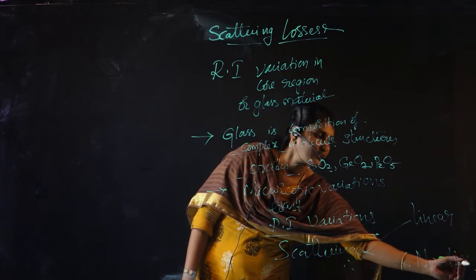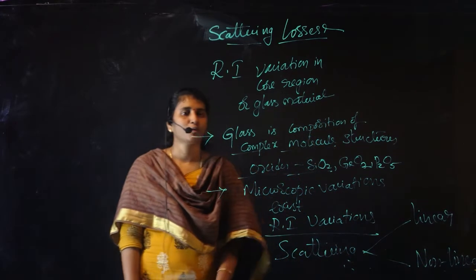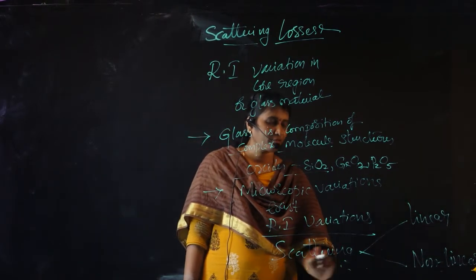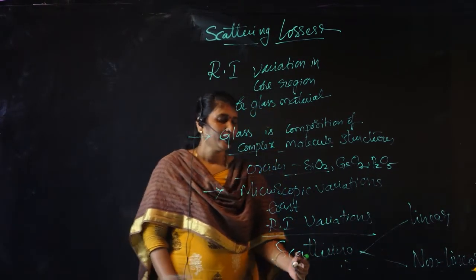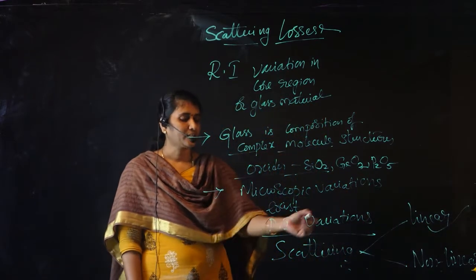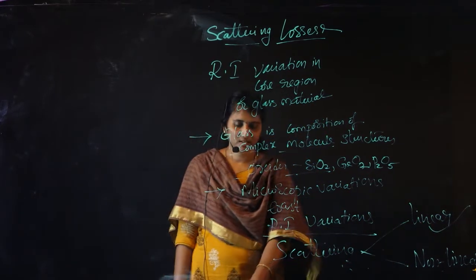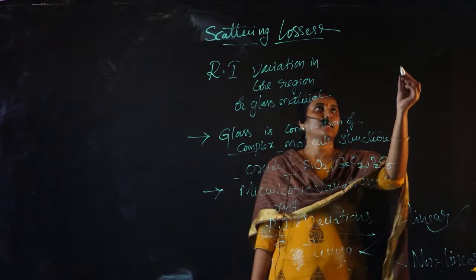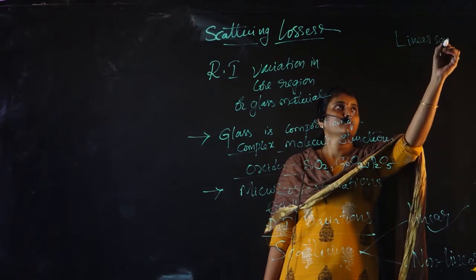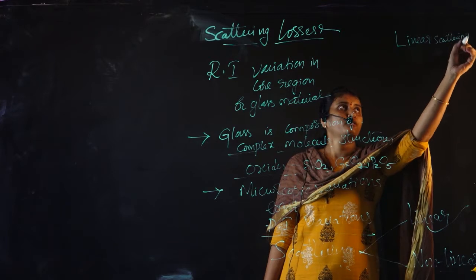non-linear scattering. Generally the scattering phenomenon can be linear or non-linear, and in optical fibers we will mostly see linear type of scattering phenomena. So what are the linear scattering phenomena? Linear scattering is of two types.